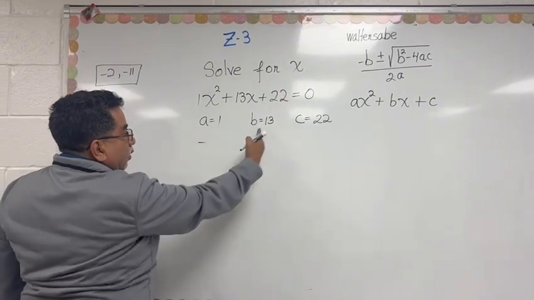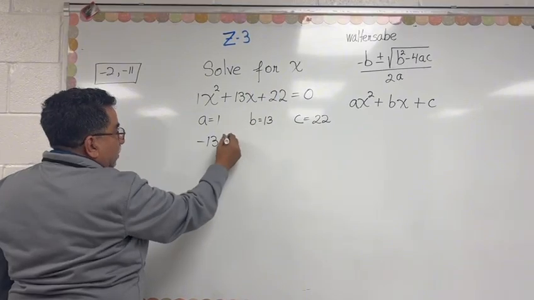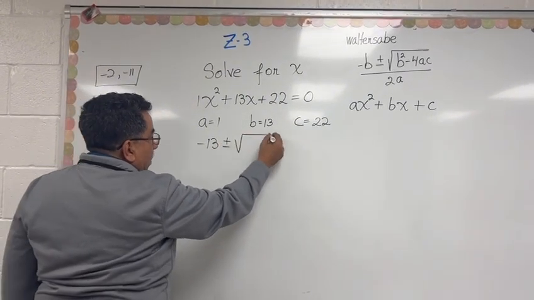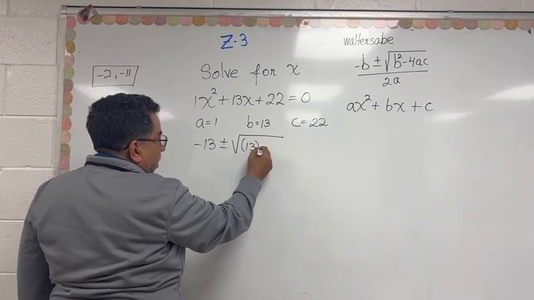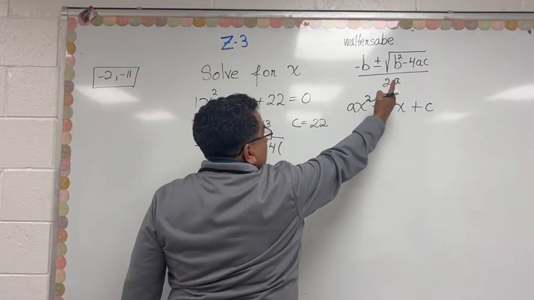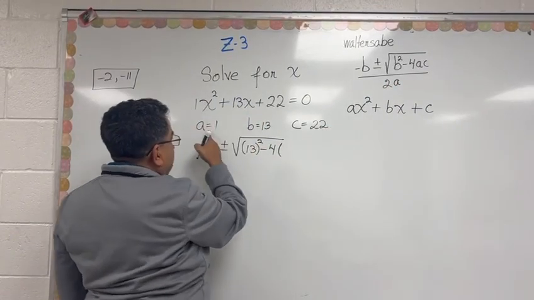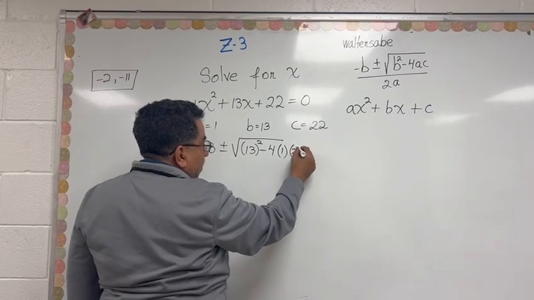Negative b, which is negative 13, plus or minus the square root of b squared minus 4 times the value of a times c. A is 1 and c is 22.